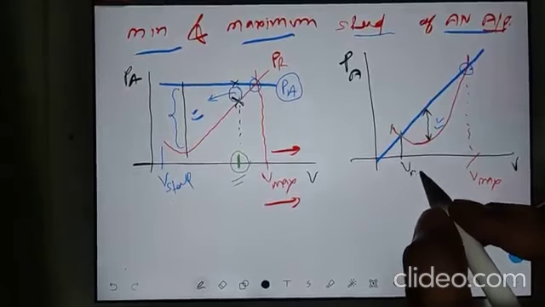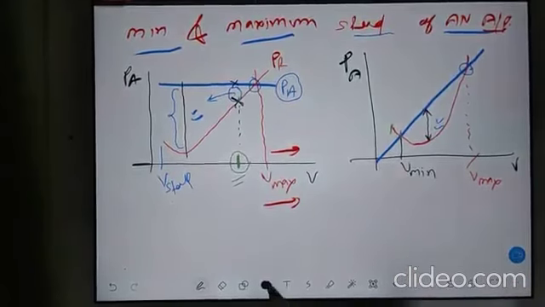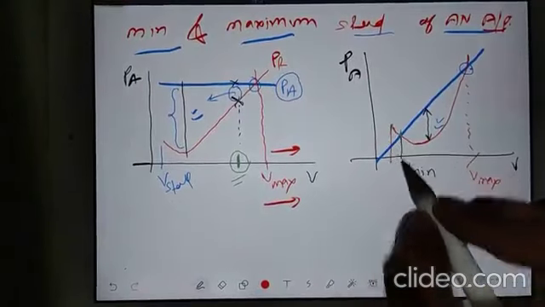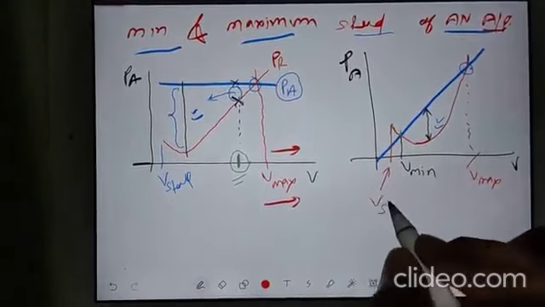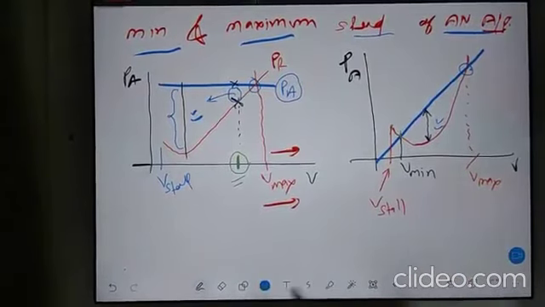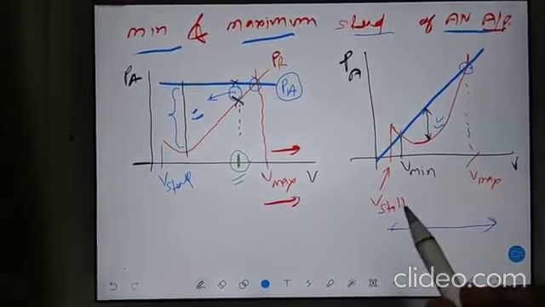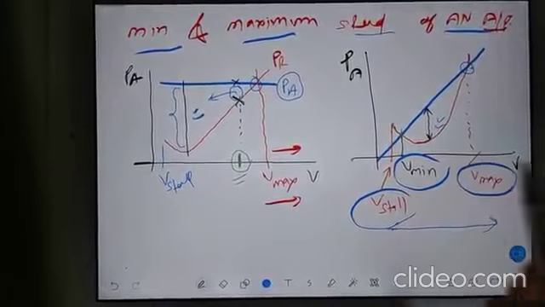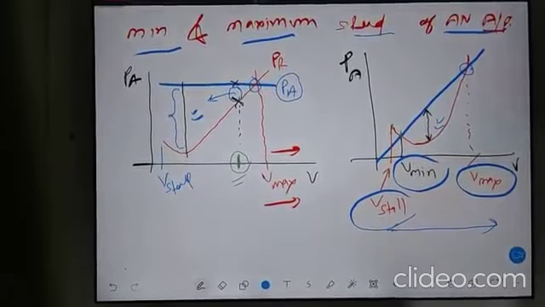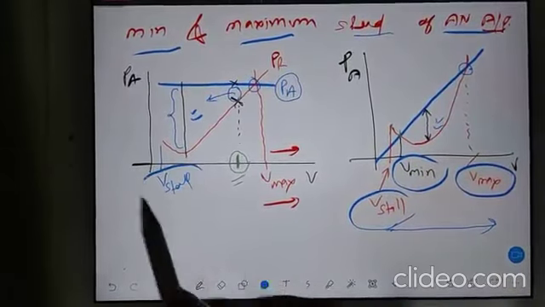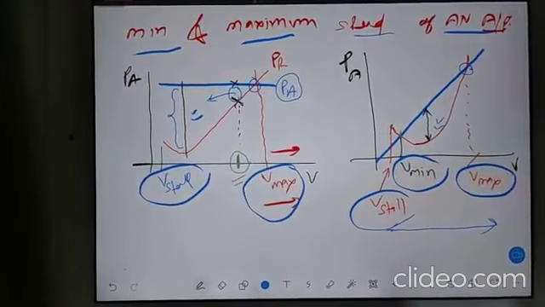It means this is the minimum velocity, and you will stall here. So this is your stall speed. So in the case of a jet engine, you get three important velocities: V stall, V minimum and V maximum. In the case of a propeller, you get V stall and V max.